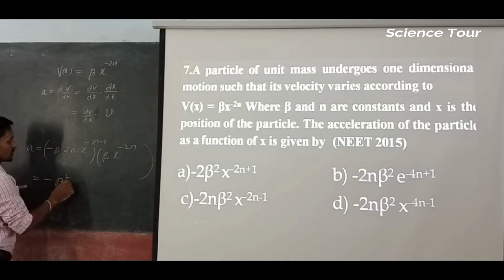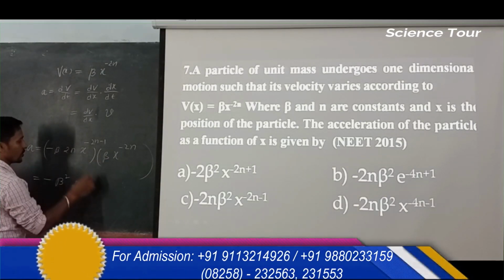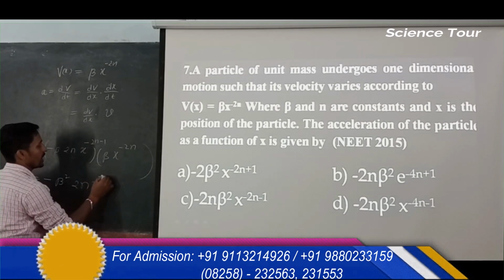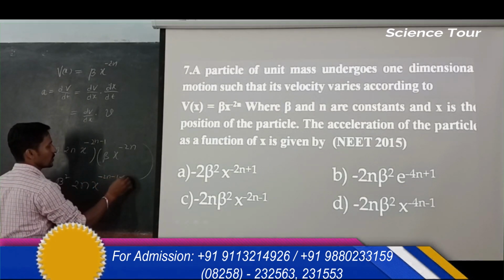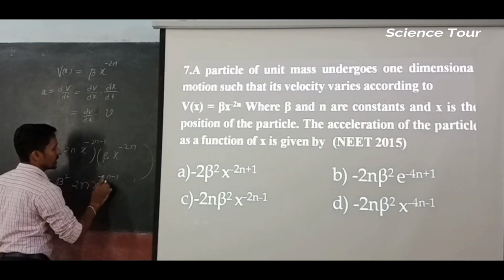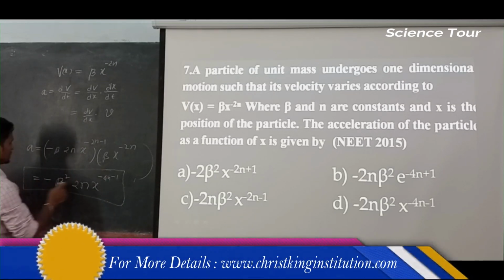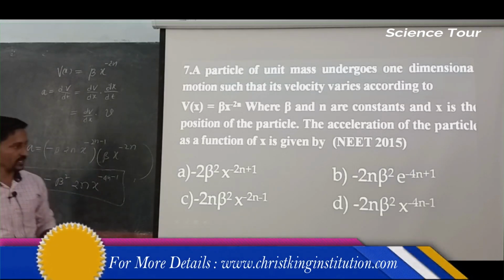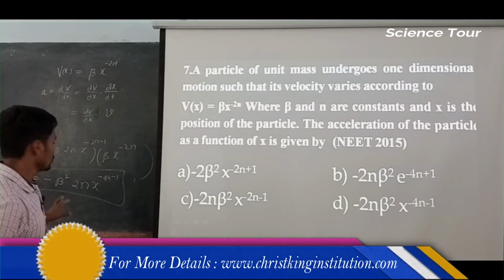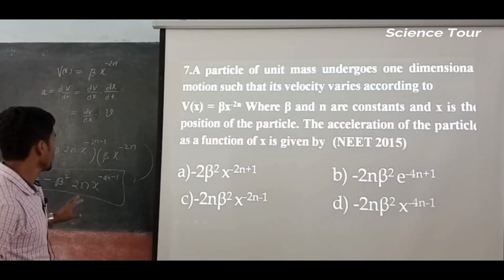Minus beta square 2n, x to the power minus 2n minus 1 minus 2n, that is minus 4n minus 1. The acceleration is minus 2n beta square x to the power minus 4n minus 1.